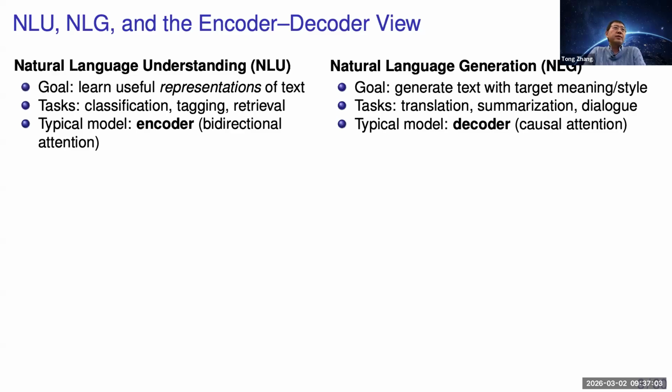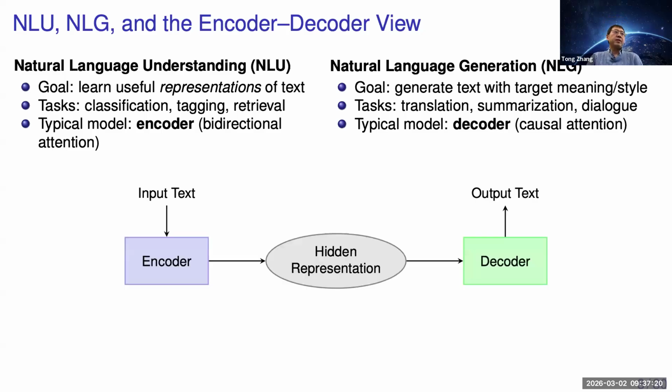Translation is typically regarded as generation, along with summarization, dialogue, and so on. Those are decoders. Dialogue, of course, is closely related to the chatbots we are looking at nowadays. Basically, this picture reflects the same thing as what we saw in the encoder-decoder lecture, just more targeted towards text.